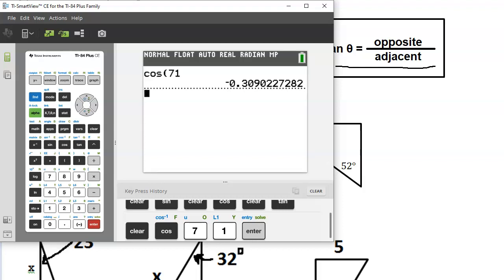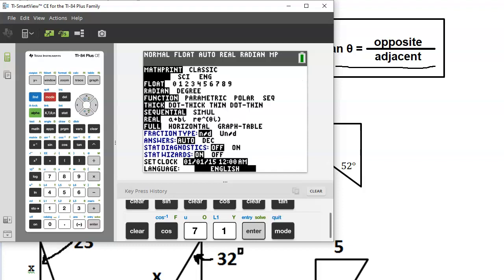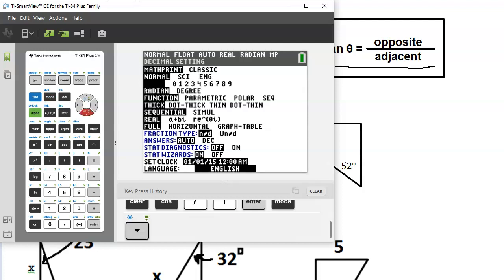The first thing you need to do every time, you cannot say this enough. In my case, I'm going to click on the word mode. Okay. There are two different ways that this calculator measures angles: radians and degrees.